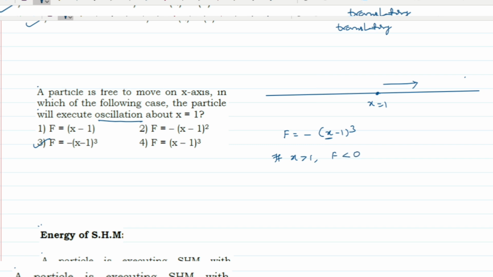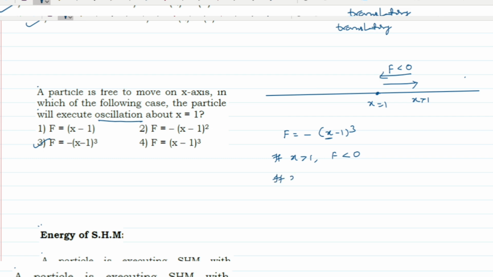So here x is greater than 1, F is less than 0, which means the particle is moving towards the mean position.